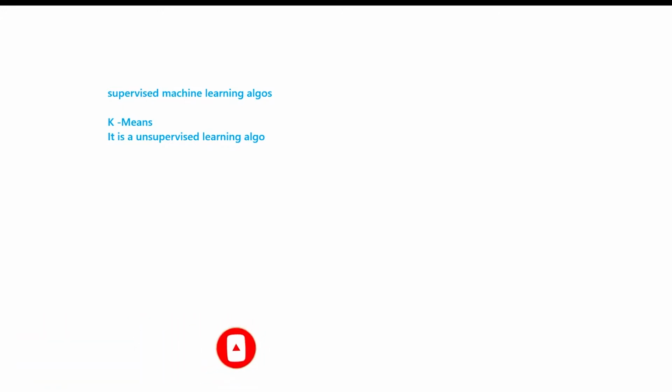Okay, so what is the difference? In this video I'm going to talk about the difference between the supervised and the unsupervised machine learning algorithm. So let's talk about that a little bit.